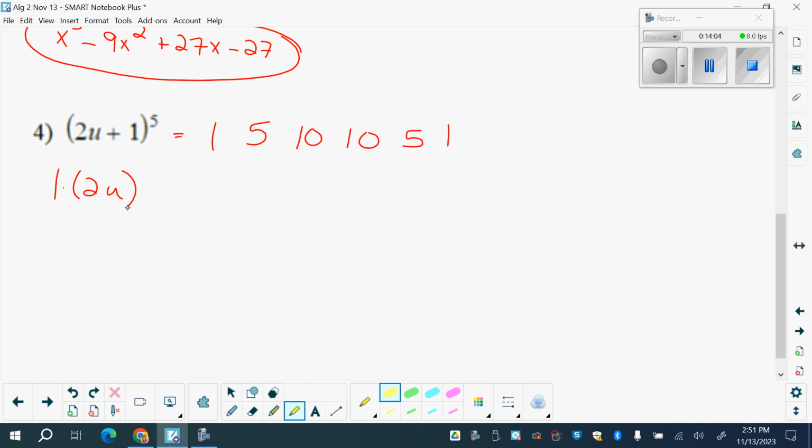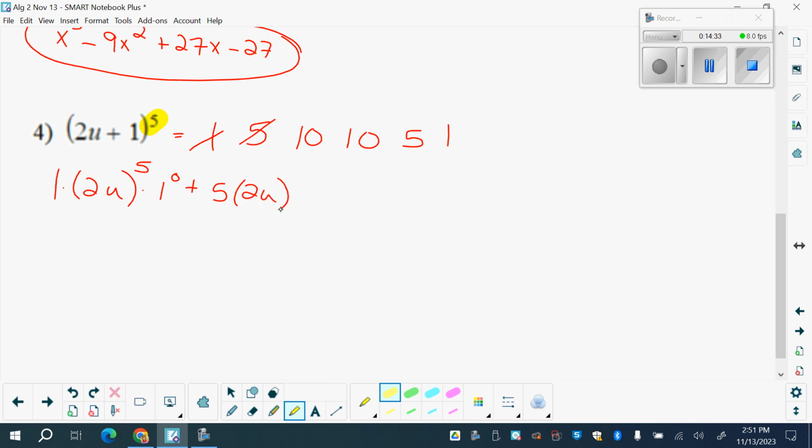So 2U to what exponent? 5. This determines the exponent for the first one. So times 1 to the 0. What's the exponent on the 1? 0. Next term starts with a 5.